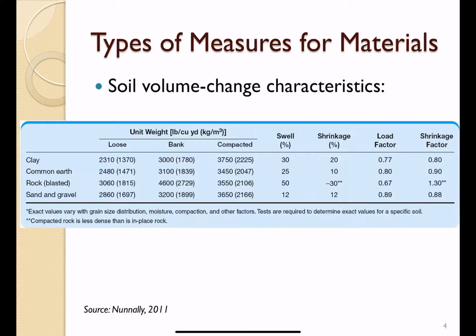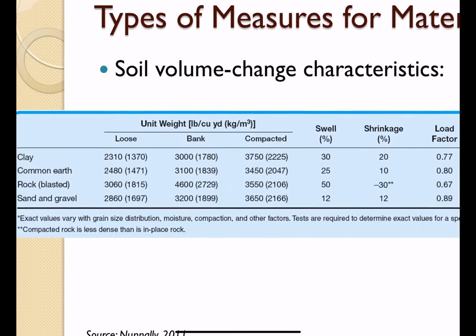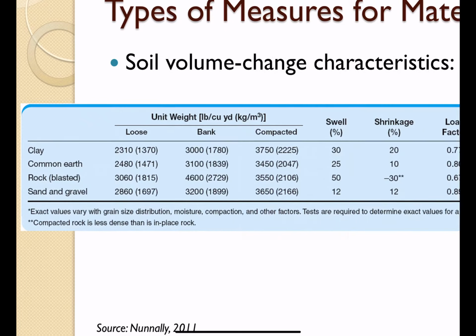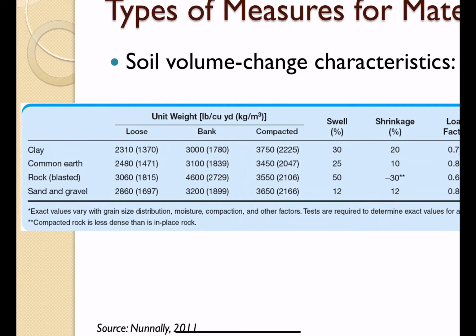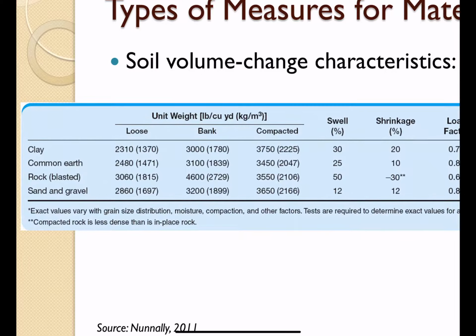As you can see, the unit weight for the same material at different conditions, loose, bank, and compacted, is not the same. For the loose, the weight is the same, but the volume increased. That's why the unit weight is smaller. For example, clay is 2310 pounds per cubic yard loose.